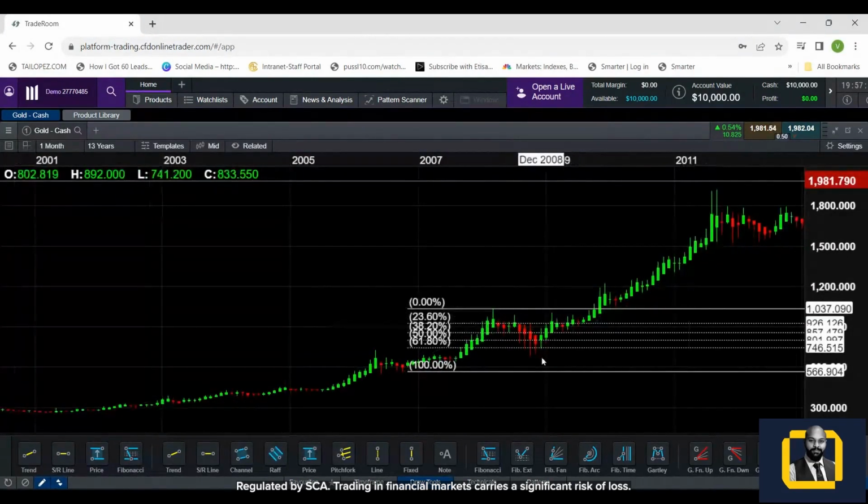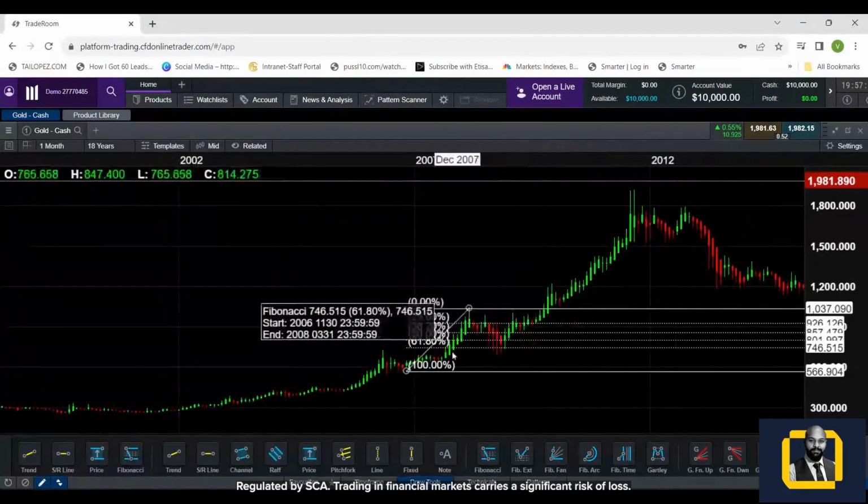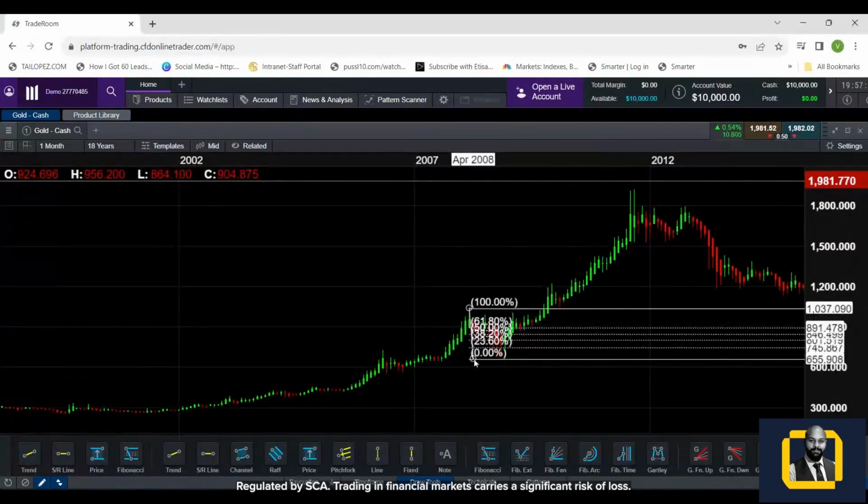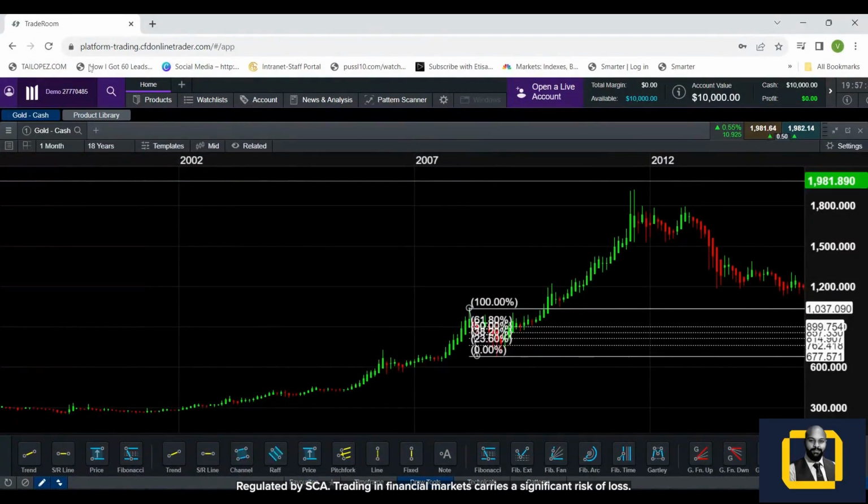It came to 61.8, bounced right back from it. So that would have been a good ideal point for any investor because we are looking at a monthly time frame. Now, keeping in mind when you do make an investment decision on monthly time frame, you're always looking at minimum 6 to 12 months, but some of them could go to even 2 to 3 years.